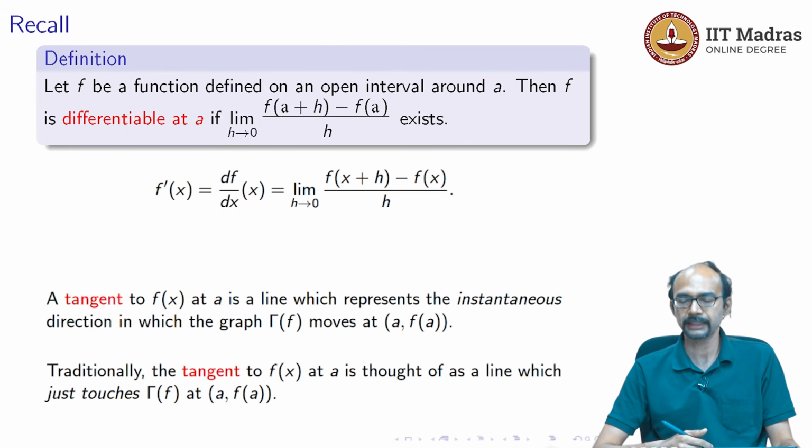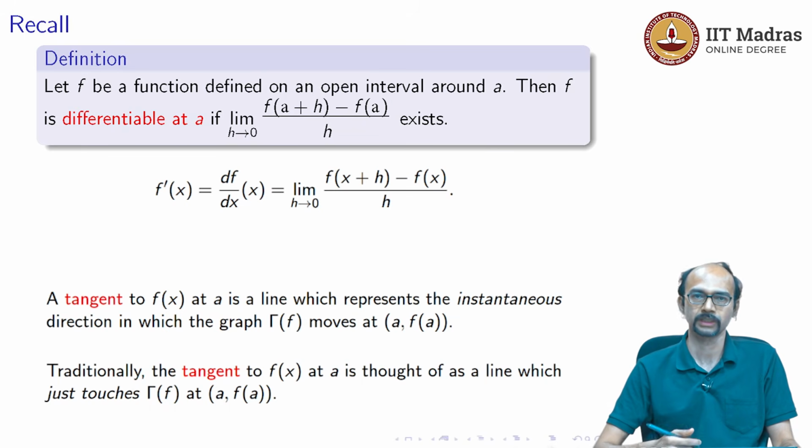Traditionally the tangent is also thought of as a line which just touches this graph gamma f at the point a comma f of a. We have seen examples of this. If you feel unsure of what that means, please go back and look at the examples that we did and the pictures that we drew.